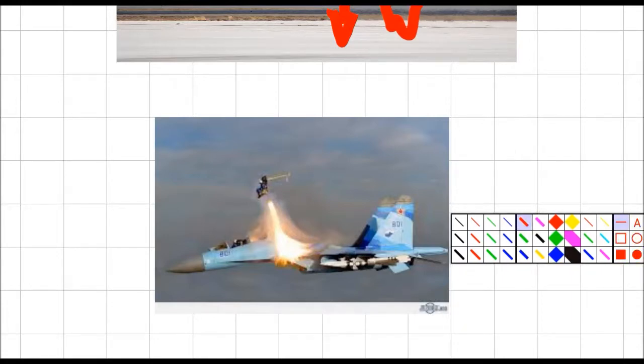And don't be fooled, this weight goes straight down towards the center of the earth. This is his weight. Now, since the ejection seat with the pilot has detached from the aircraft, it doesn't have to do anything with the aircraft anymore. No contact, no relationship anymore.